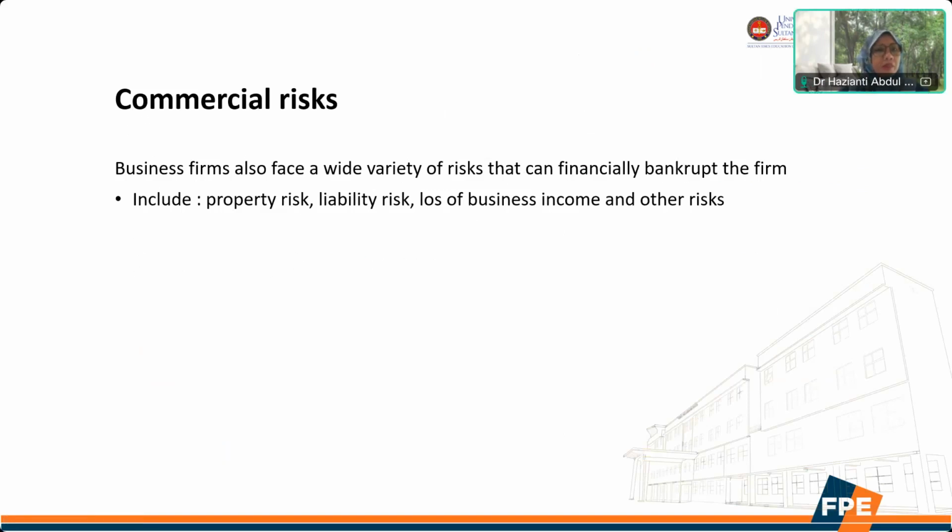For business, there is also commercial risk that can financially bankrupt the firm, and it includes property risk, liability risk, business income, and other risks.